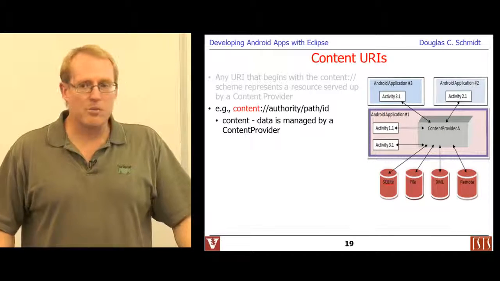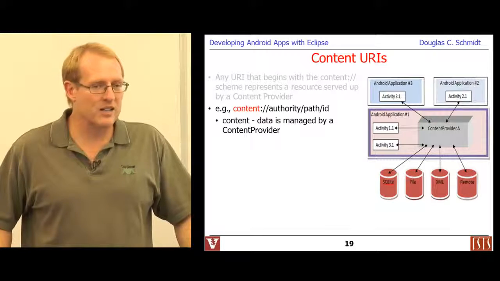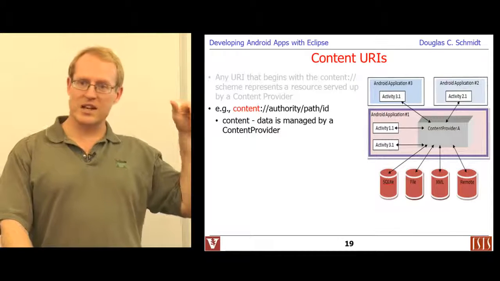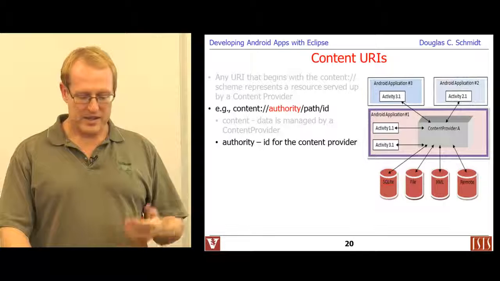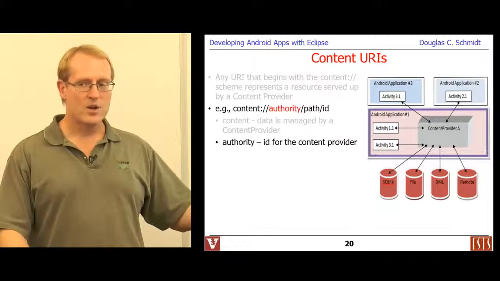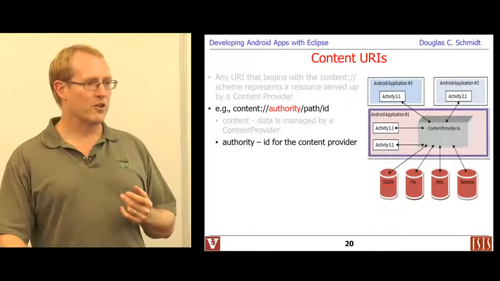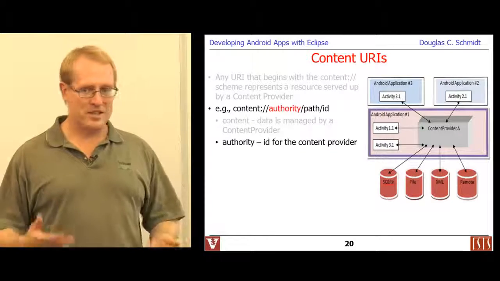If you break down what you use to describe a content URI, it has a couple of different parts. It has the prefix, which says this is a content URI managed by the content provider system. Then the authority, which is the ID for the particular content provider, which usually indicates whether it's for YouTube, browser, calendar, MMS, SMS, whatever.